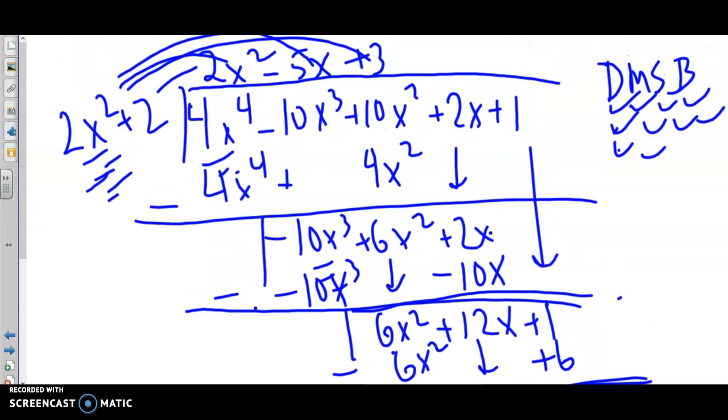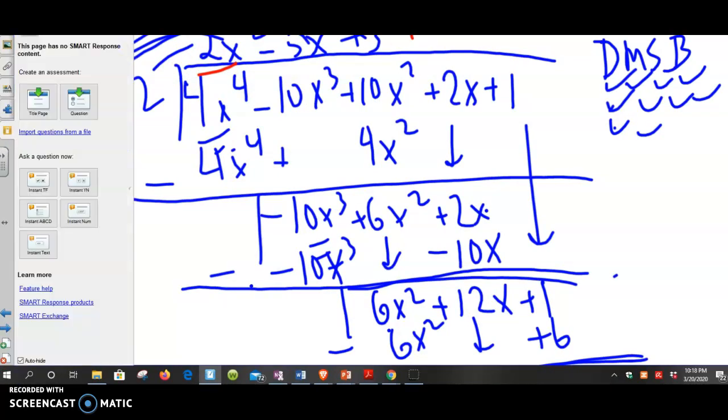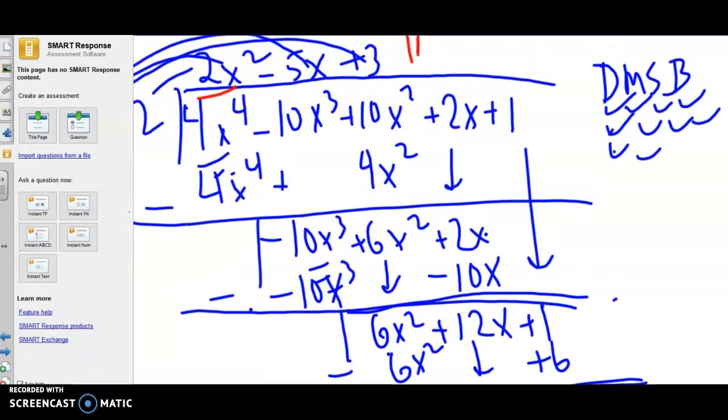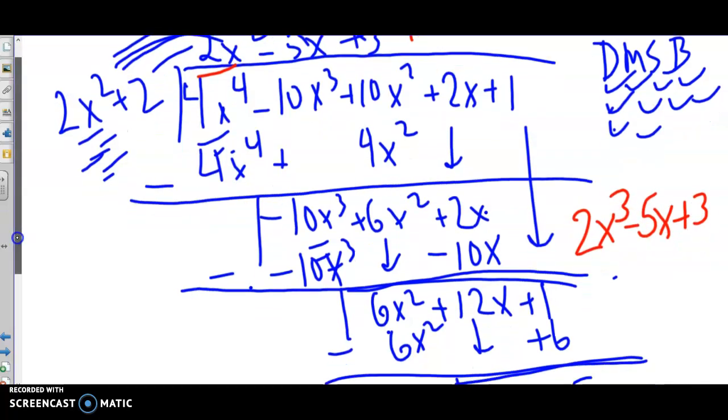So the whole part of our answer, our quotient, sorry, is going to be this 2x to the third, right there. So we have 2x to the third minus 5x plus 3. That's the whole number value of our answer, our quotient.